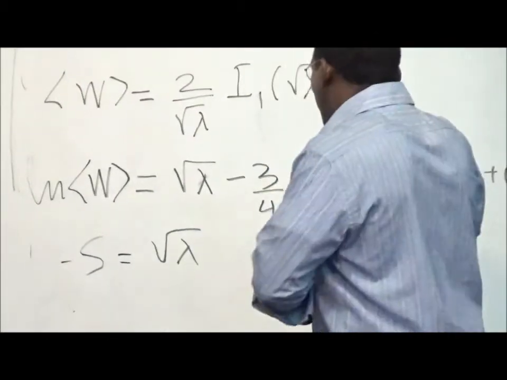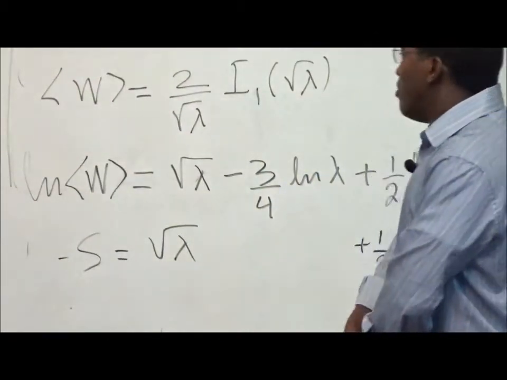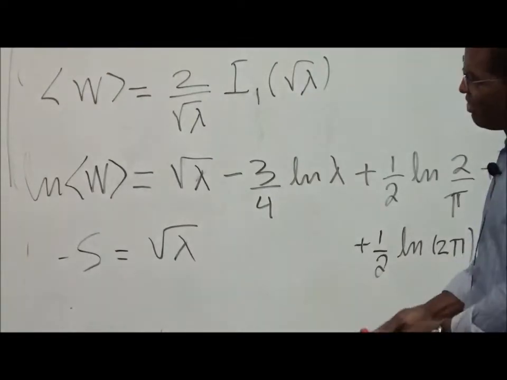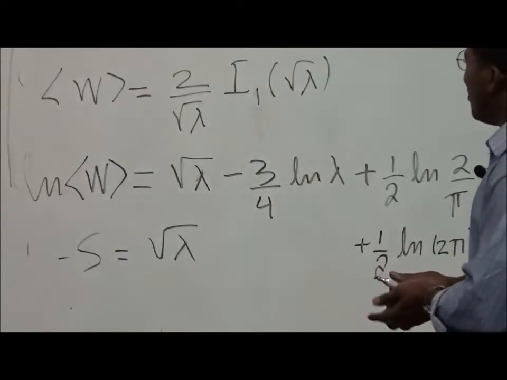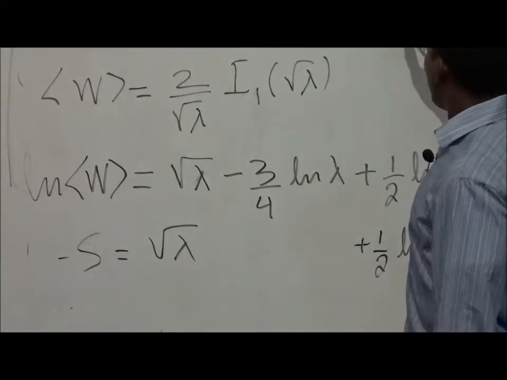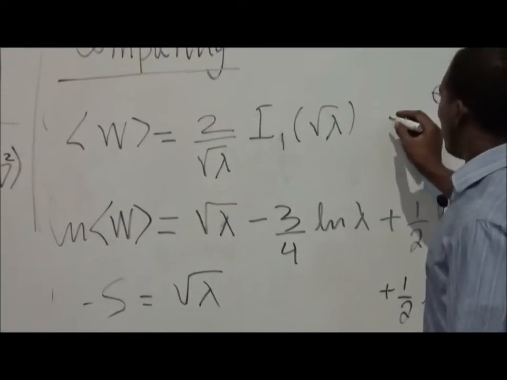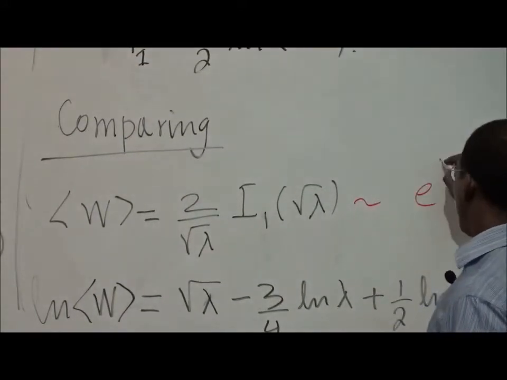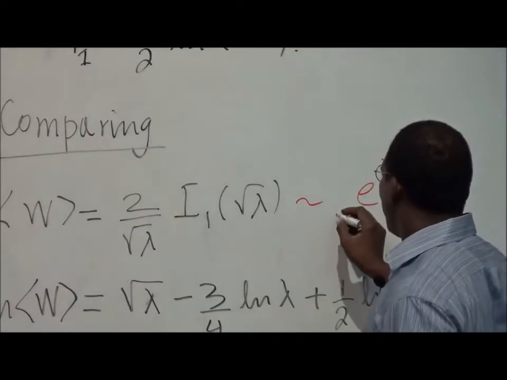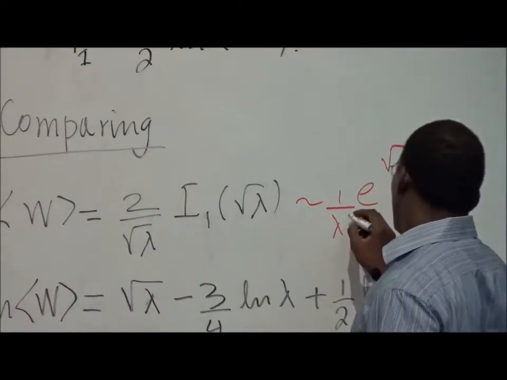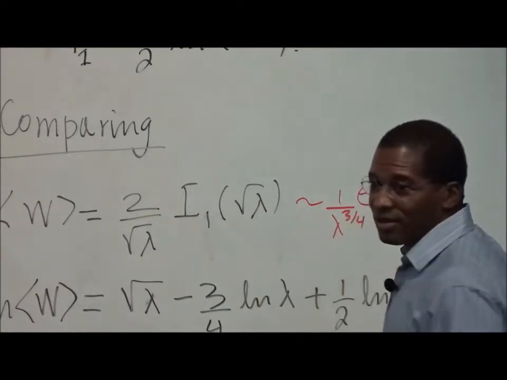So this term is, if you think a little bit more, what happens is essentially that you had the answer from field theory, which at some point was the square root of lambda here, and then I have 1 over lambda to 3/4 here.